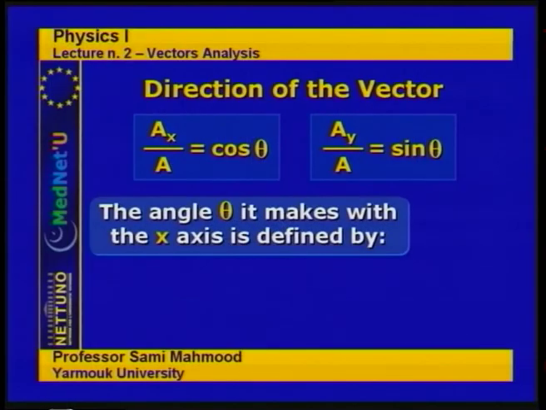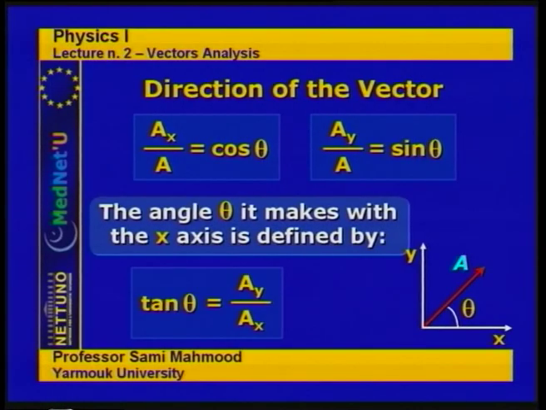This is the magnitude of a vector in two dimensions, and we assumed that this vector lies in the xy plane. We consider that the z component is 0 for that vector. The direction of that vector can be determined by determining the angle theta which the vector makes with the x direction, for example. This is just a way of determining the direction of that vector.